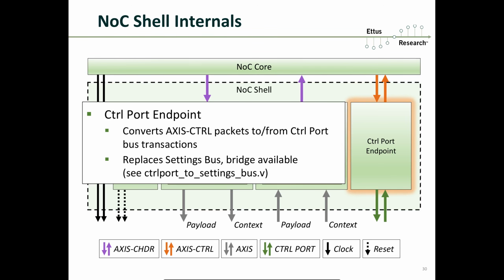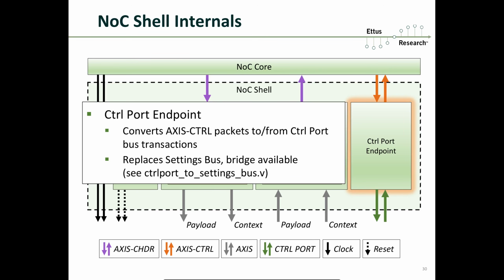Next, we have another block inside the NoC Shell called the control port endpoint. The idea here is that we have these AXI control packets that are coming in, and the control port endpoint converts this AXI control bus and the packets that are on it to what's known as a control port bus. And this is the interface generally used for reading and writing user registers in your block.